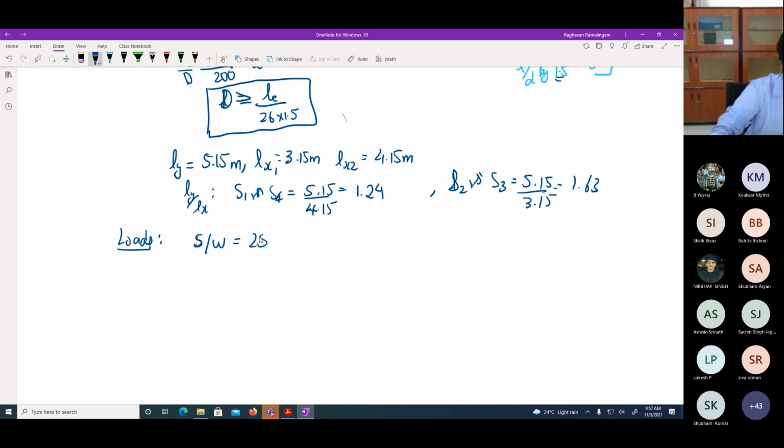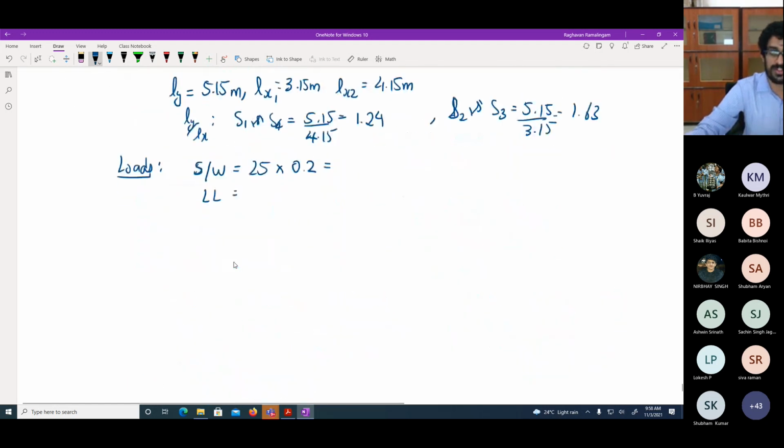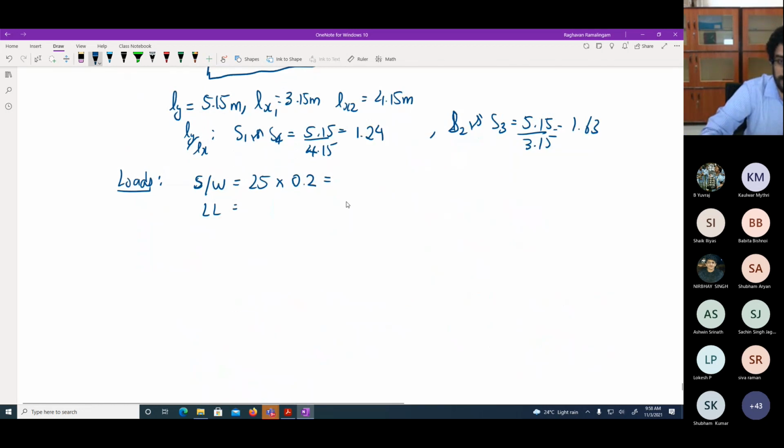So, self weight is nothing but 25 into 0.2 for 200 mm depth. Live load, I've told you, is 4, and dead load is 1. So how much is 25 into 0.2? It is 5. So total is 10 kilonewton per meter square.